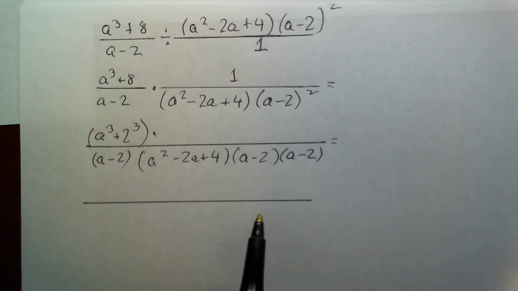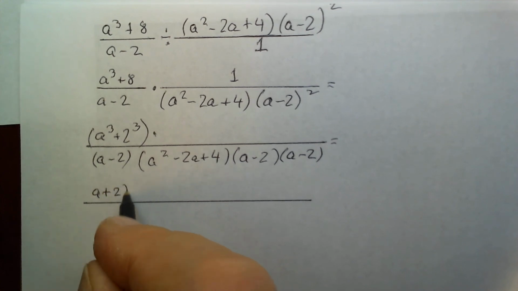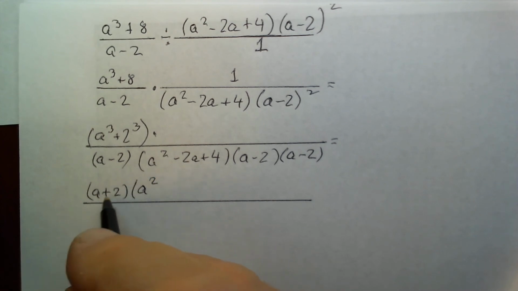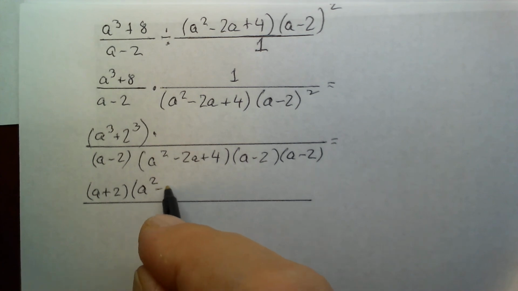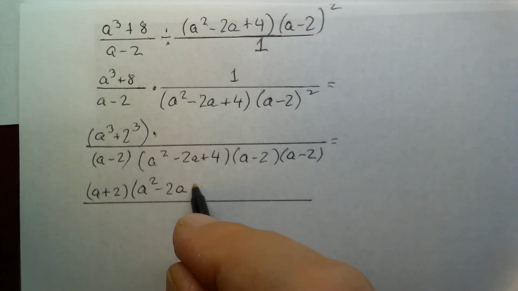So then the numerator becomes a plus 2 times a squared minus 2a plus 2 to the second power, or 4.